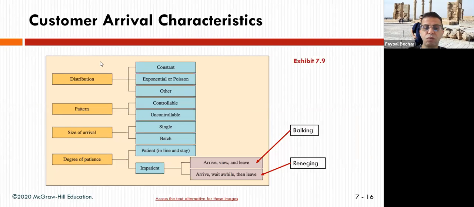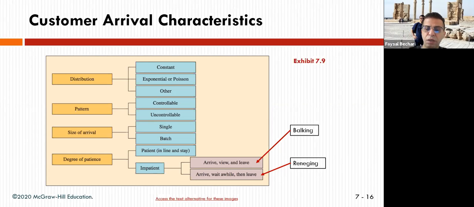When you look at the distribution, whether you have a constant or a sudden burst or a combination; then the pattern, whether the arrivals are controllable or uncontrollable. The size of the arrival could be single or multiple people, 10 by 10 or 100 by 100, and how long they can wait to be in line.